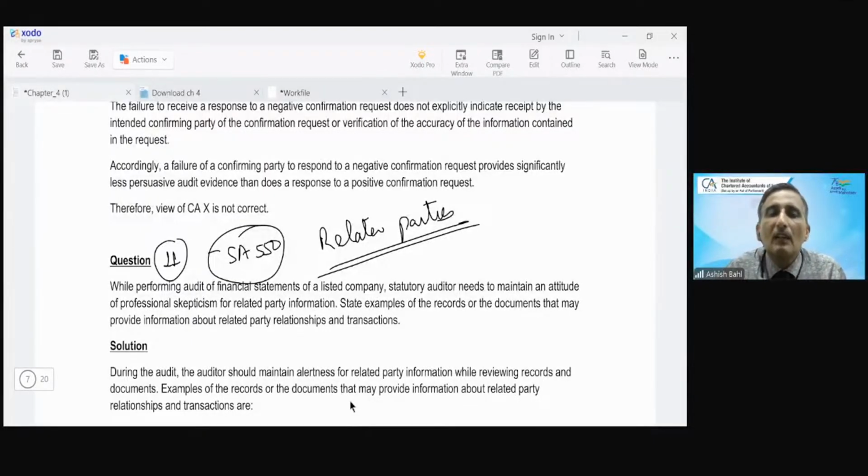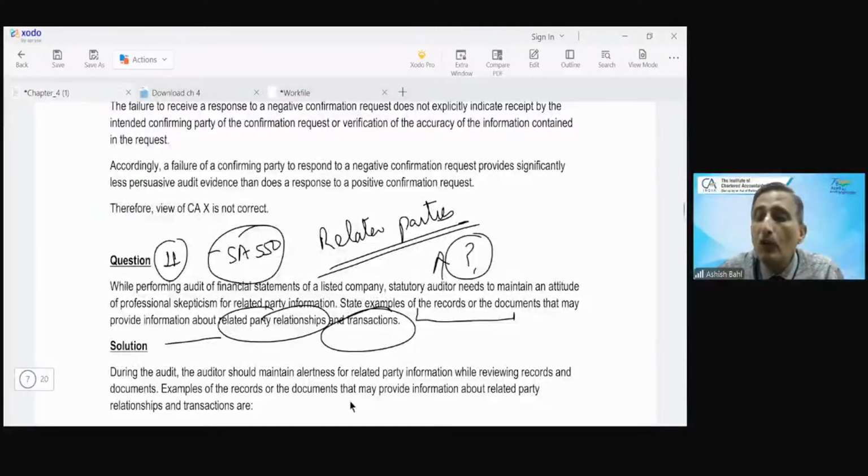The question is asking for examples of records that may provide information about related party transactions. So he is just asking, how would you know whether a party is a related party or not? First of all, management is going to tell you, as these things are required to be disclosed in the financial statements.